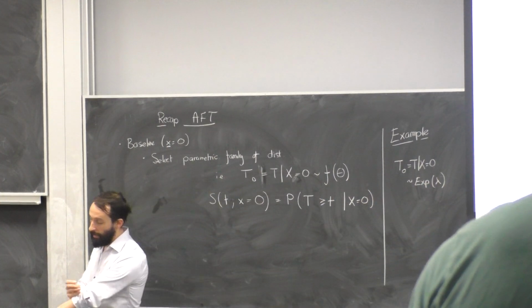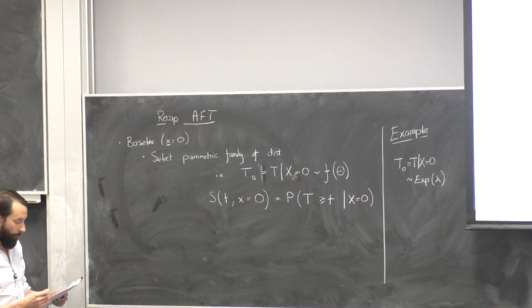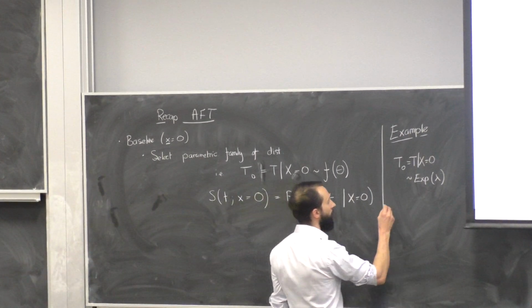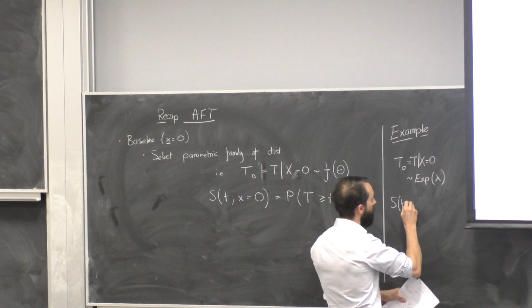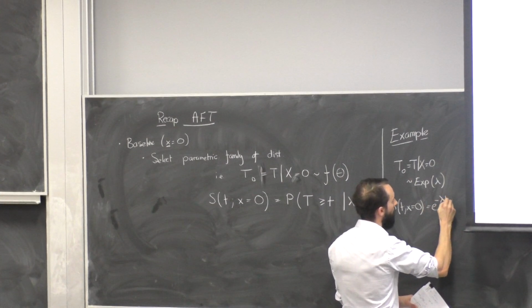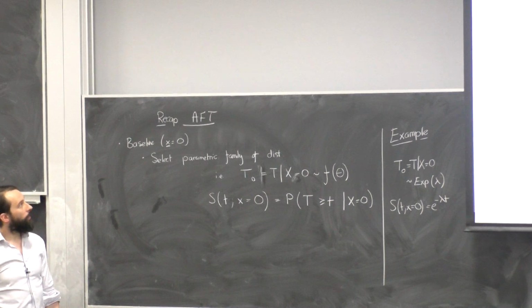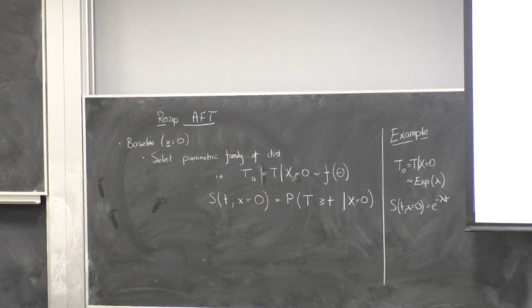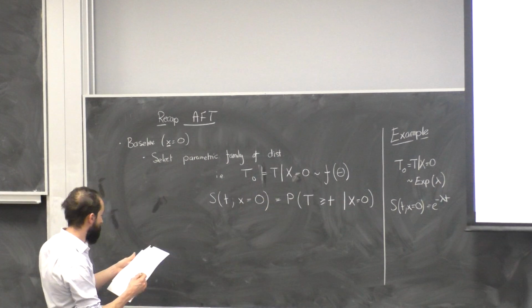Okay, so I've specified a parametric family for that baseline individual, and then in that case, the survivor function for that baseline individual would be e to the minus lambda t. So for the baseline individual, I have to specify their distribution with some thetas in that are unknown.